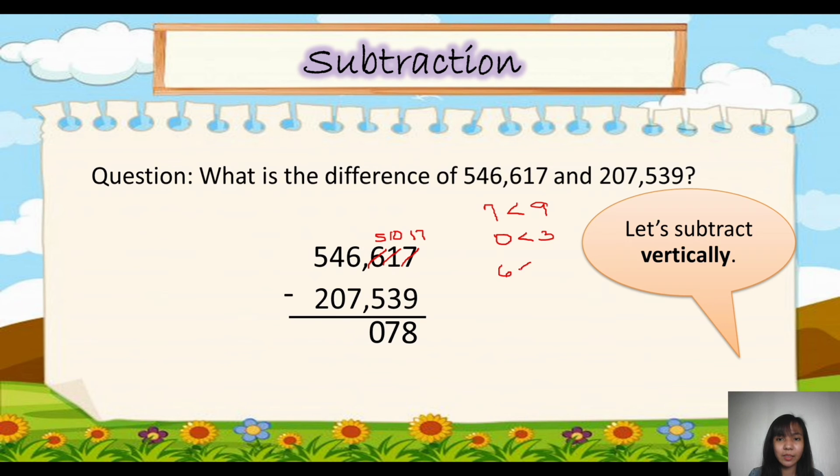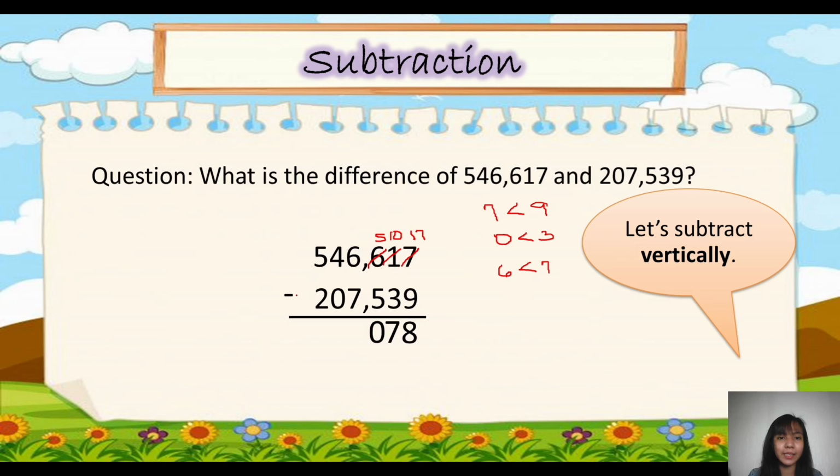6 is smaller than 7. So we need to borrow. Okay, by the way, 5 and 5 are equal, so you don't need to borrow. So 5 minus 5 is 0.